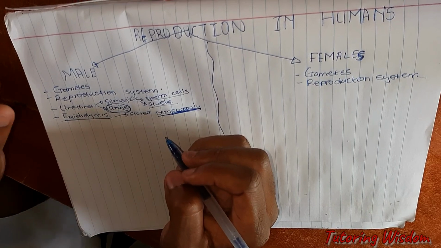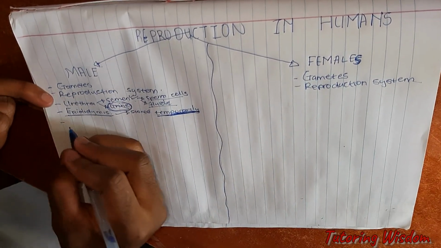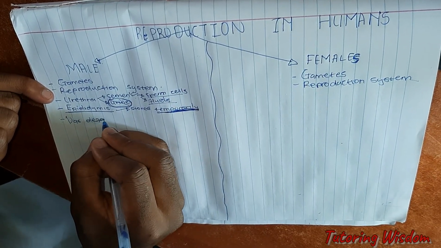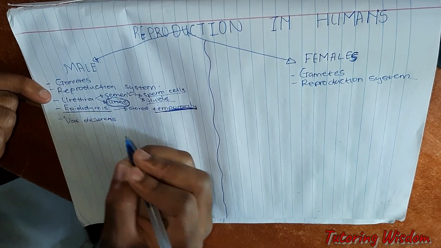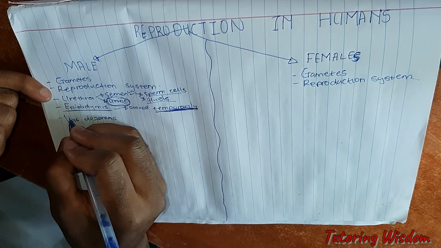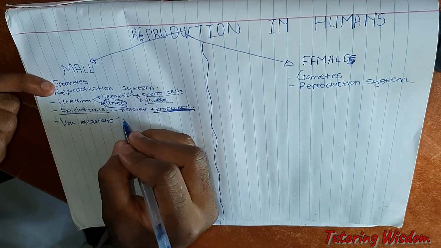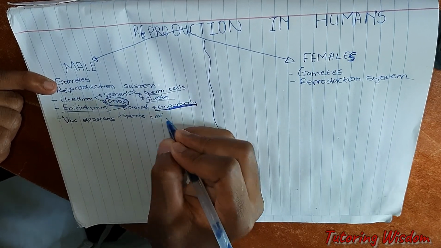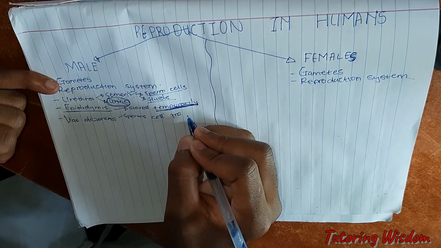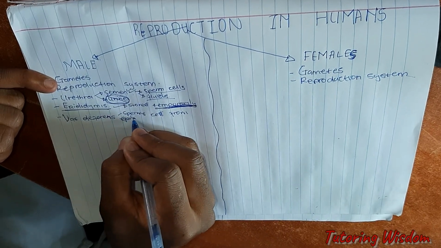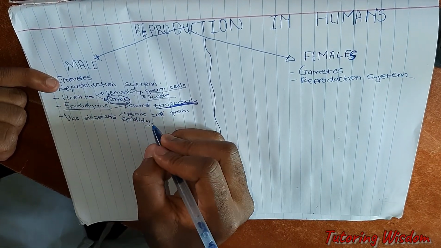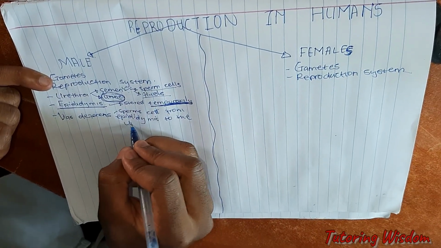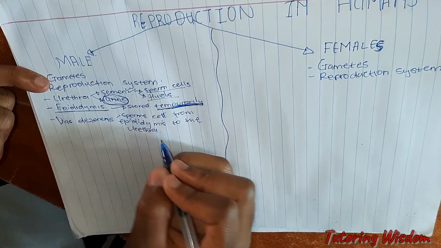The epididymis is the part before the vas deferens. The vas deferens is the one that transports sperm cells from the epididymis to the urethra.